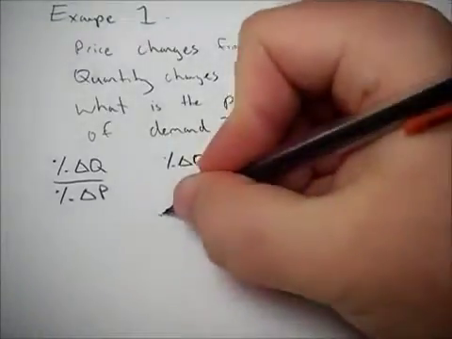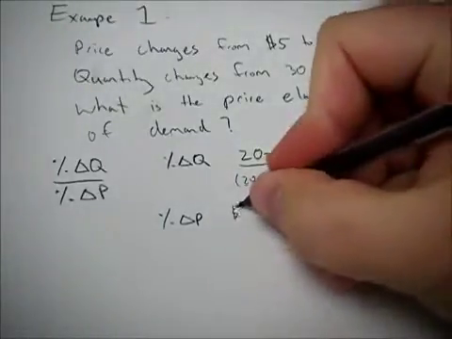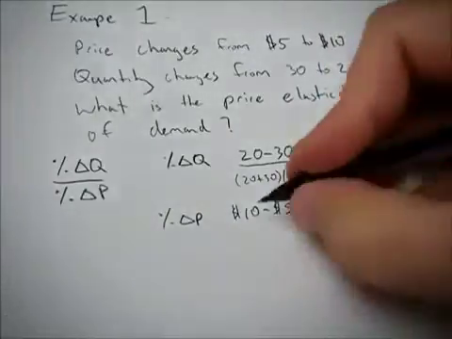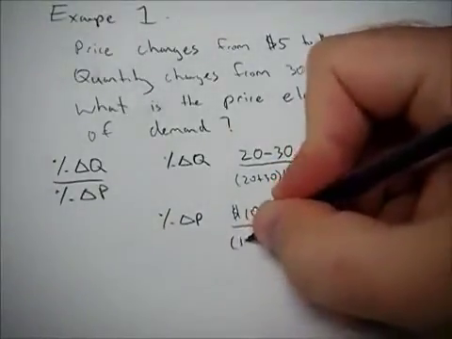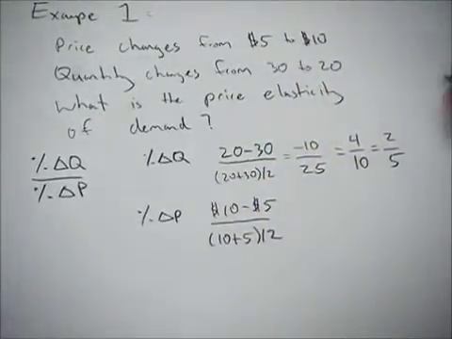Now we need to find the percent change in price. So we're going to use a similar method. We'll start off with our ending dollar amount of 10, subtract our initial dollar amount of 5, divide by the average, 10 plus 5 divided by 2.